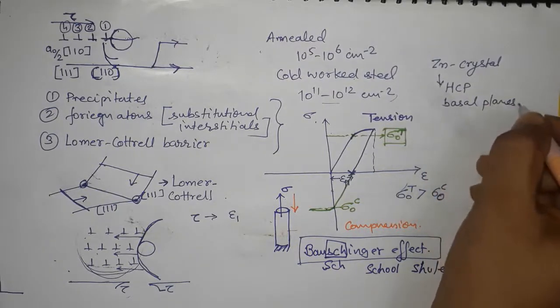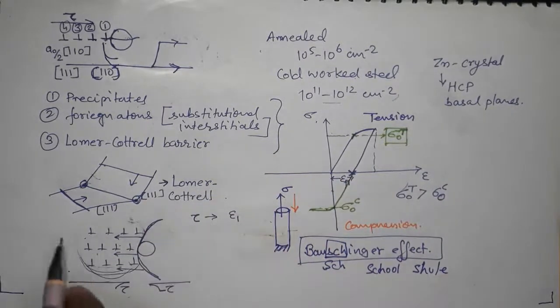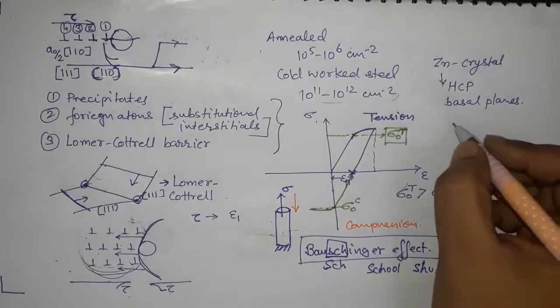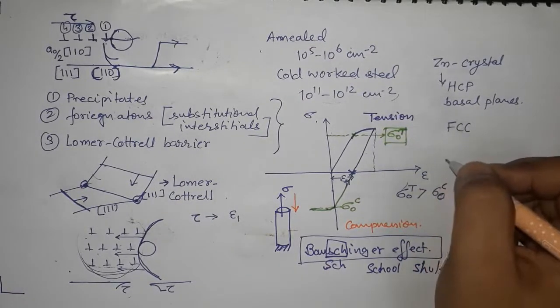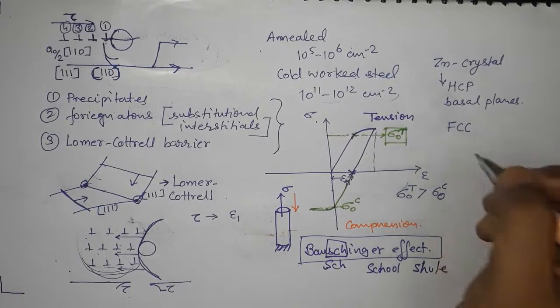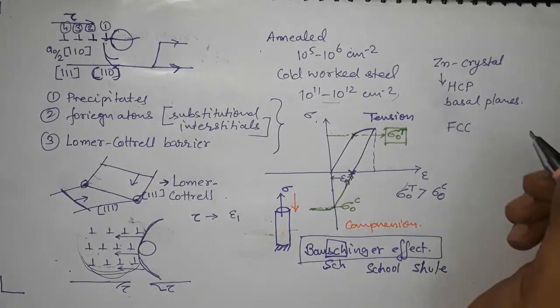Okay, so you don't have much intersection of the planes, so you only have pile up, and that you can analyze very easily in the zinc crystals, and you can see Bauschinger effect in the zinc. But in FCC, you will not see this Bauschinger effect in all the FCC material, because FCC is so ductile that this effect does not matter. So in many metals, Bauschinger effect is not very prominent. You may not see it.